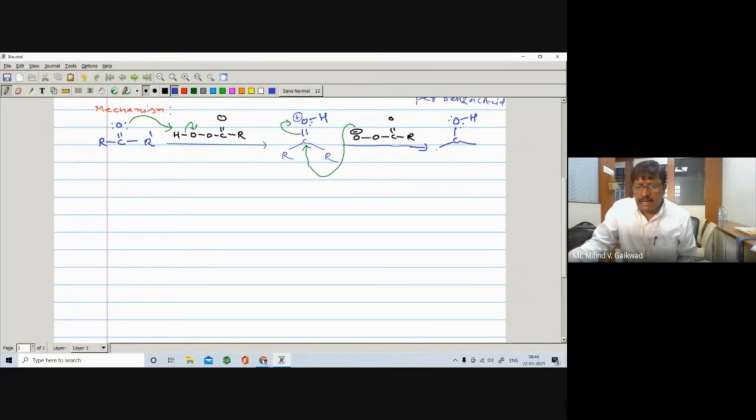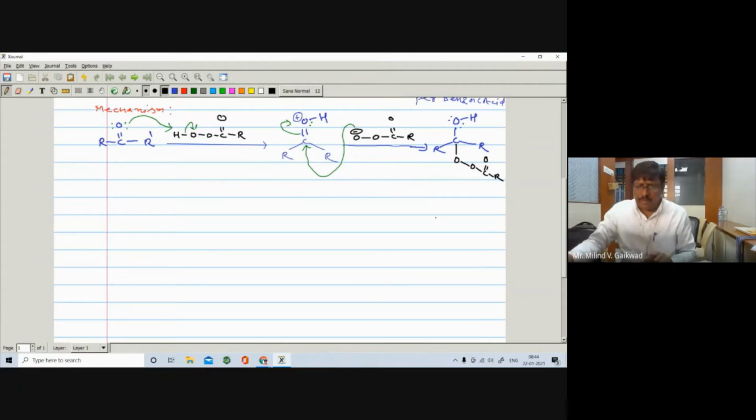Here I can write R and R, maybe same, maybe different. And the oxygen from this per acid attacks here, O, here is O, here is a C double bond O and R. So per acid will attack here.